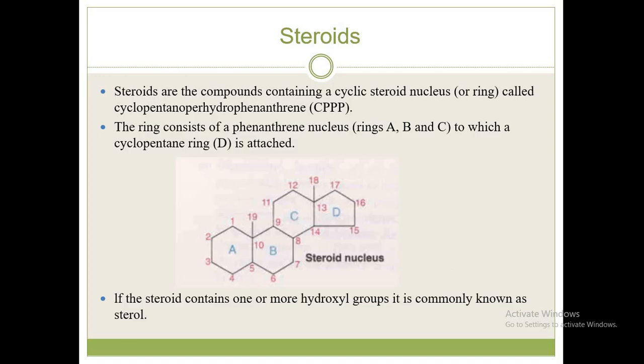The phenanthrene nucleus contains three rings, designated as ring A, B, and C. And then to this phenanthrene ring, you have attached a 5-carbon ring called the cyclopentane ring, designated as D. This nucleus forms the steroid nucleus, and from this nucleus you have quite a number of compounds being produced.